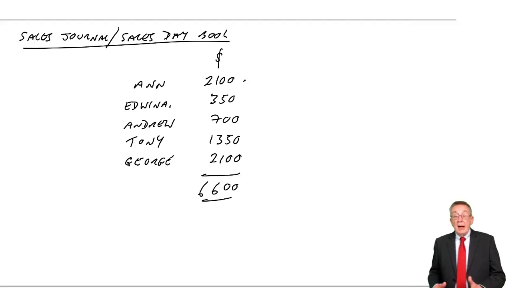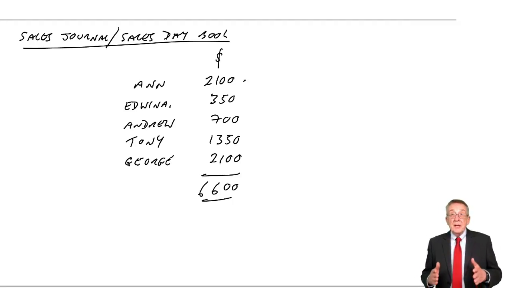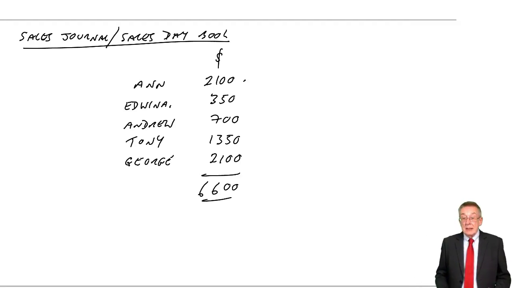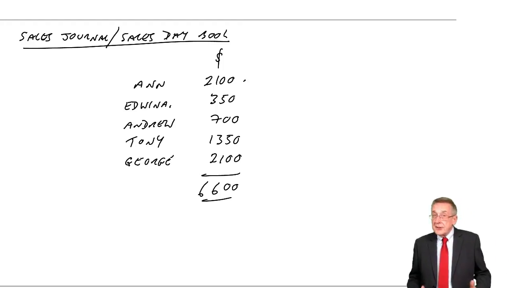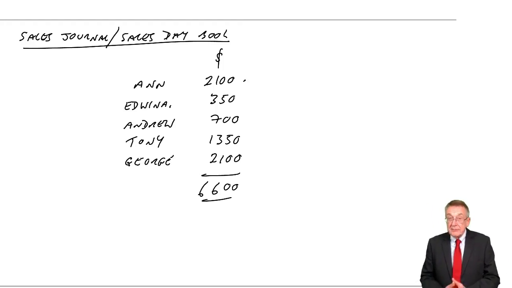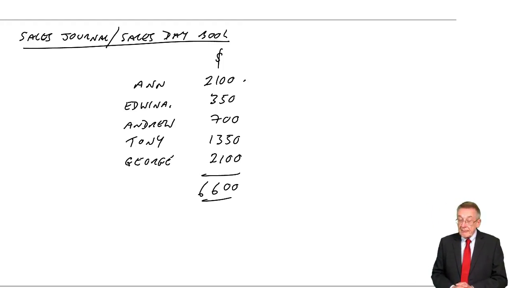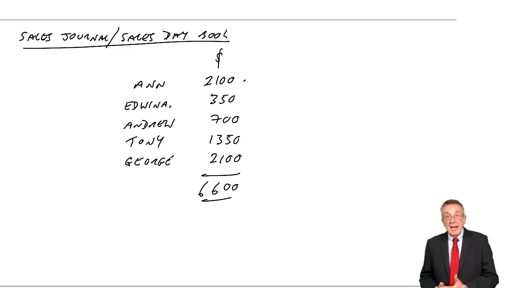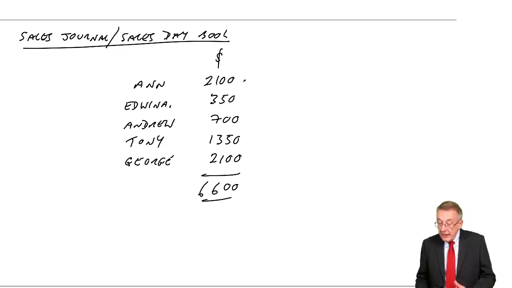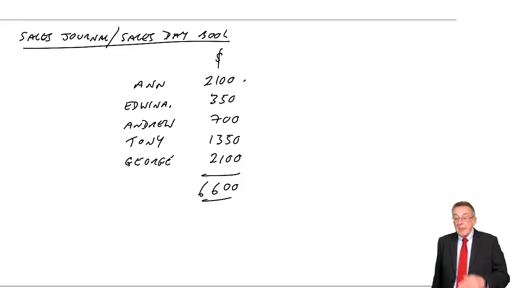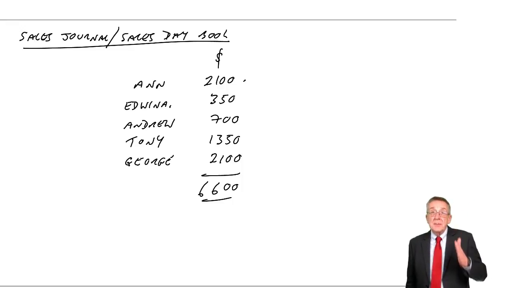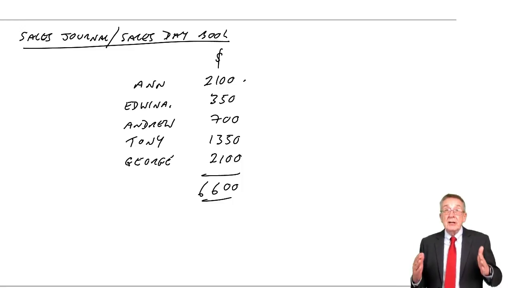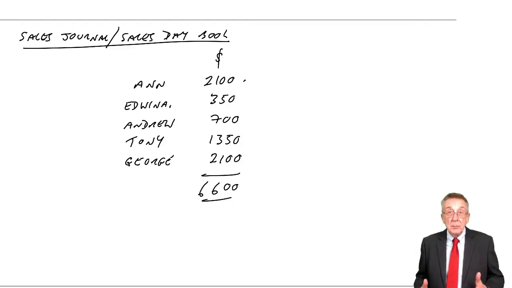All right, so there are what we call the books of prime entry. I said several times, they're effectively notebooks. There's no double entry. We'll worry about that shortly. But every transaction has been recorded in one of those 4 books.